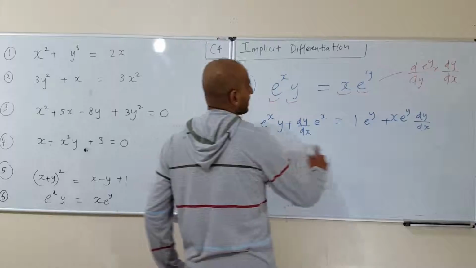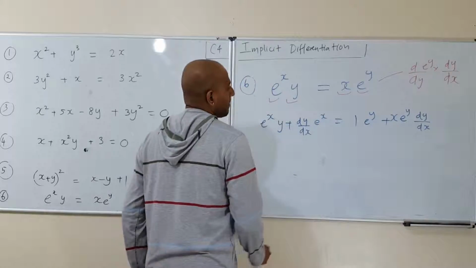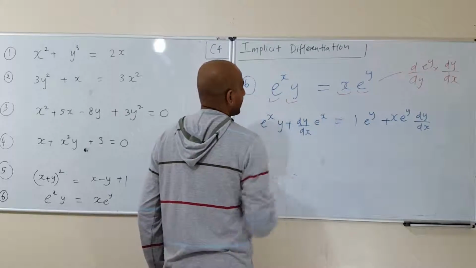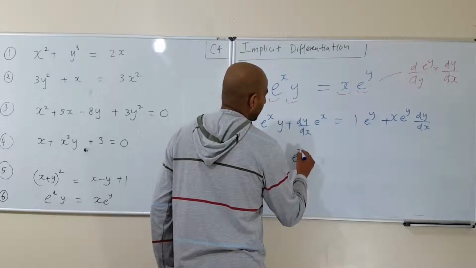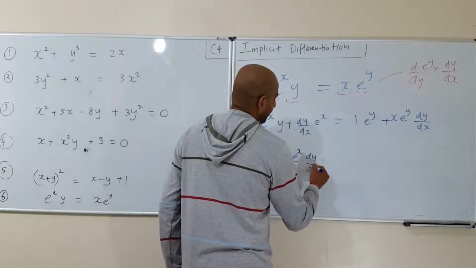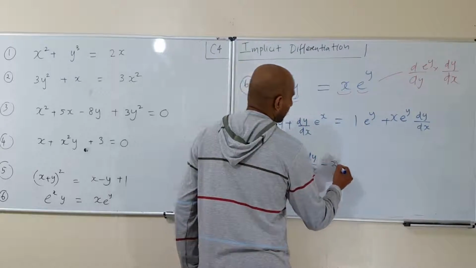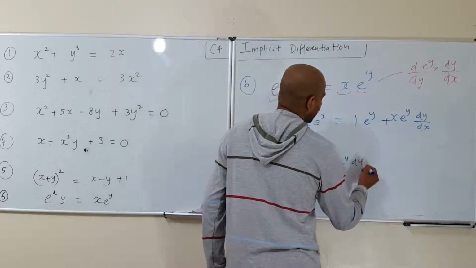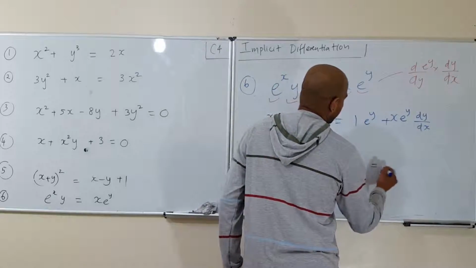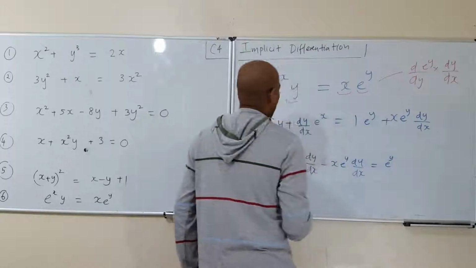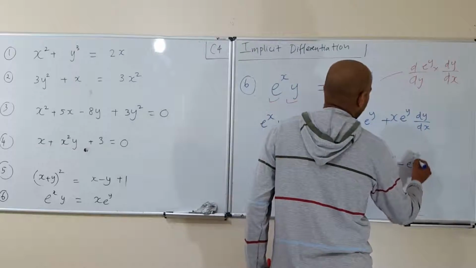Alright, so that's basically it. And we can take all the dy/dx to one side. You're going to get e^x dy/dx minus x e^y dy/dx equals e^y minus e^x y.